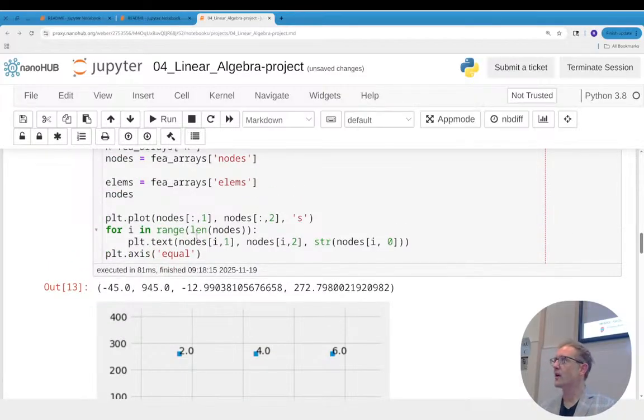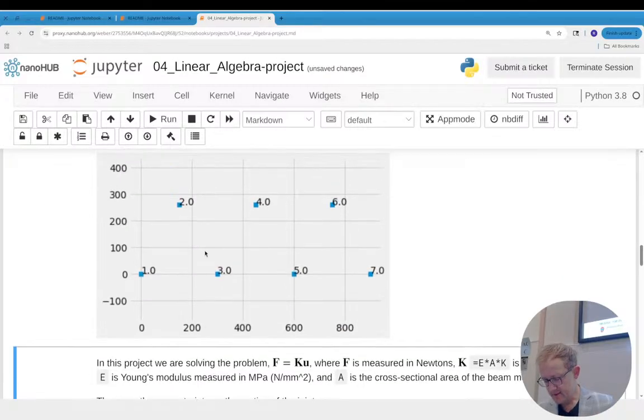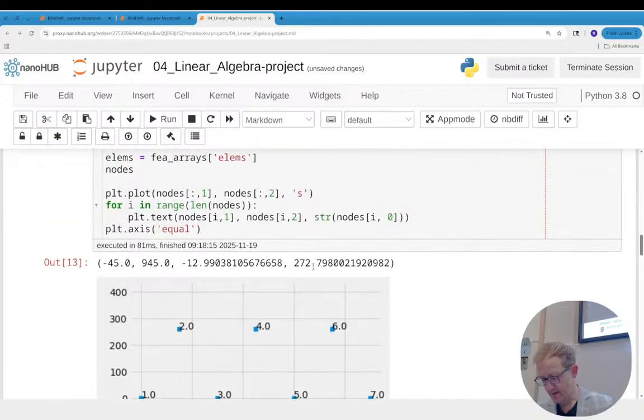So I went through each row of nodes, from 0 to 6, and just grabbed the location and the label. Oh okay, added a label for each, yeah, that works.